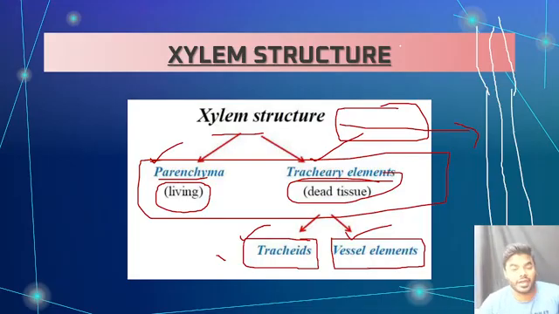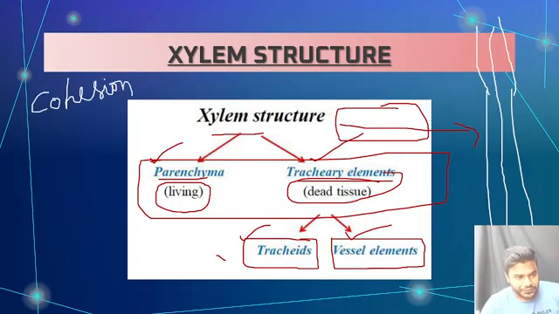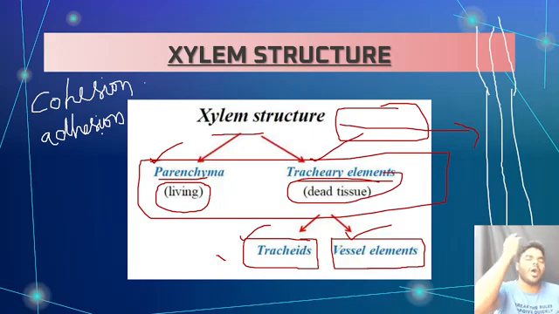As a result, one water molecule associates with another water molecule. How, friends? By the process called cohesion. At the same time, water molecules attach to the wall of the straw. How? By the process of adhesion. Very simple. Then you can ask me, sir, how will they go up? When we start sucking, obviously the water chain will come up.